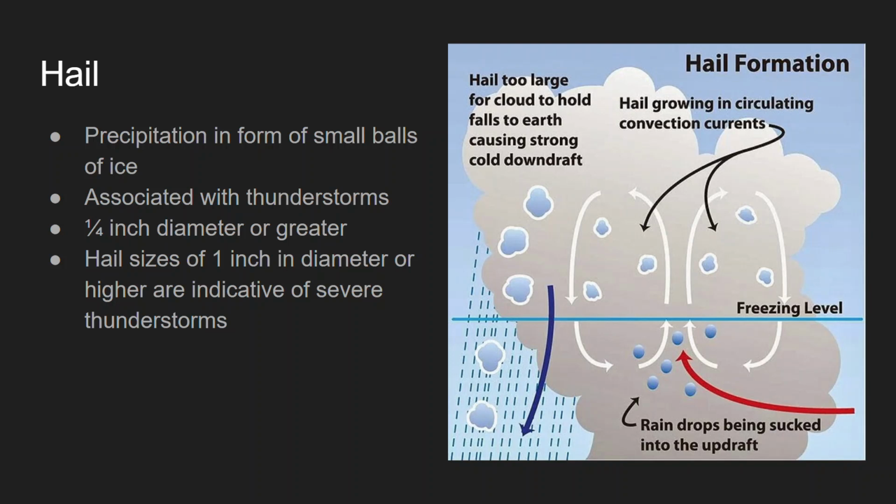If you cut it open, you will see layers, kind of like the rings of a tree that tell you how old the tree is. Well, kind of the same thing happens with hail. The number of layers is a direct correlation to the number of times it gets sucked back up into that updraft, which is super cool.